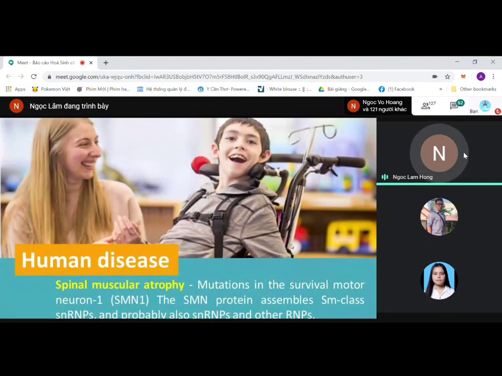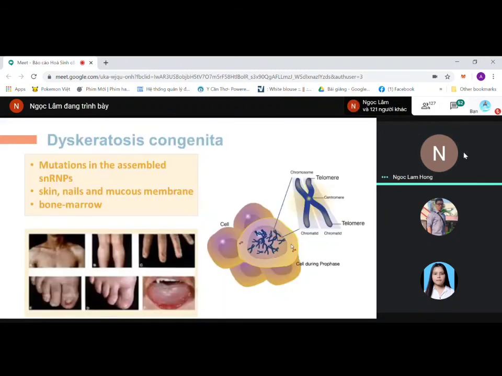Okay, about human disease. The consequences of spinal muscular atrophy are muscle weakness and poor muscle tone, and the cause is mutations in survival motor neuron 1. Dyskeratosis congenita is caused by mutations in the assembly of snRNAs. This disease is expressed in skin, nails, and mucous membranes.